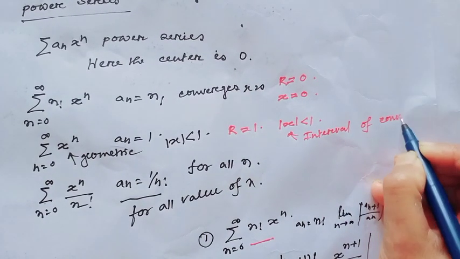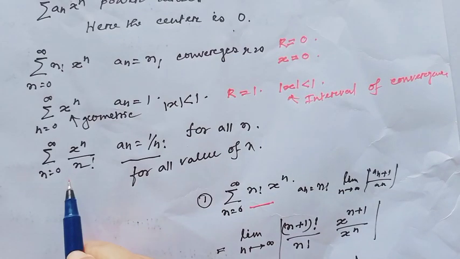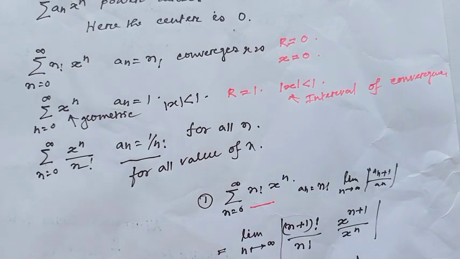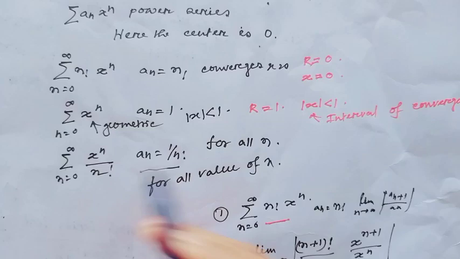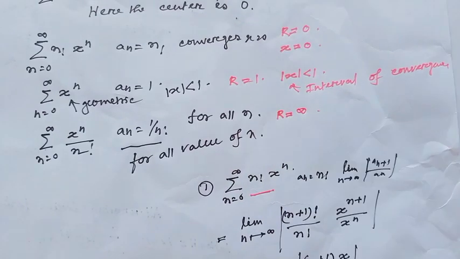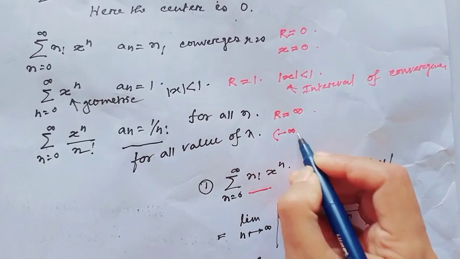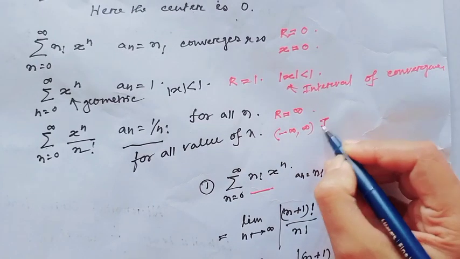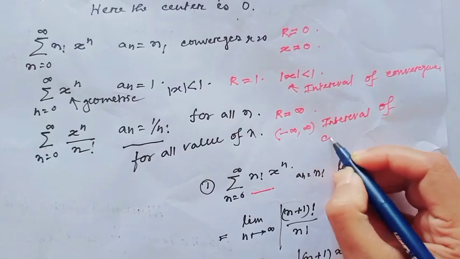Third, here I have seen this series converges for all values of x. For this example, the radius of convergence is infinity and the interval of convergence is minus infinity to plus infinity. This is the interval of convergence.